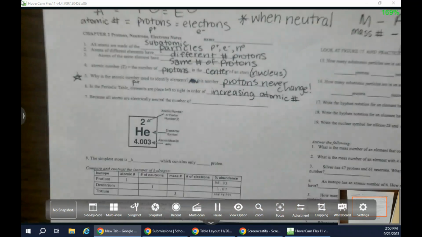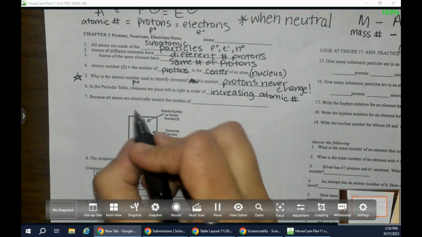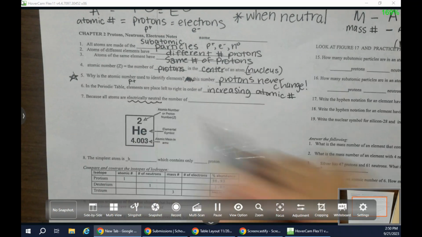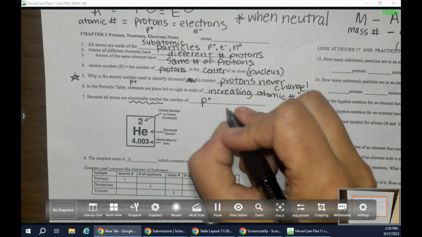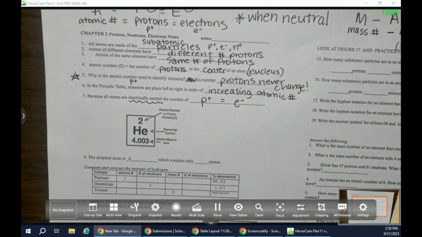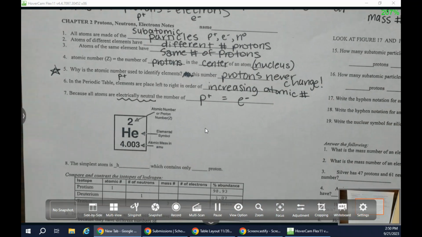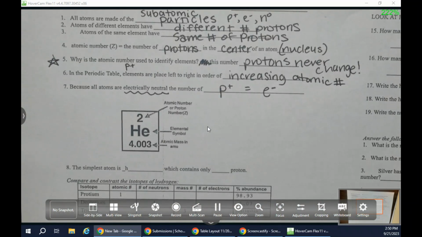Because all atoms are electrically neutral, the number of protons equals the number of electrons. The number of protons is going to equal the number of electrons. I can zoom in too. I see you guys taking pictures, my bad.